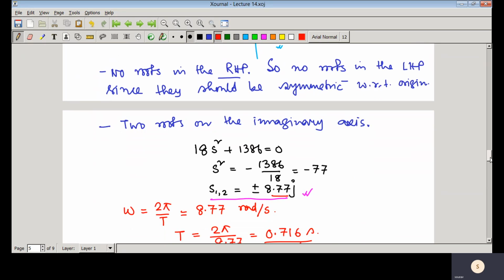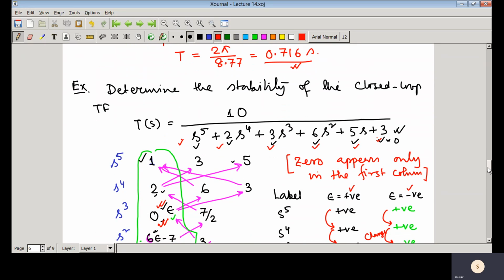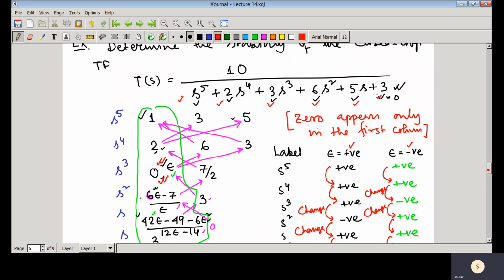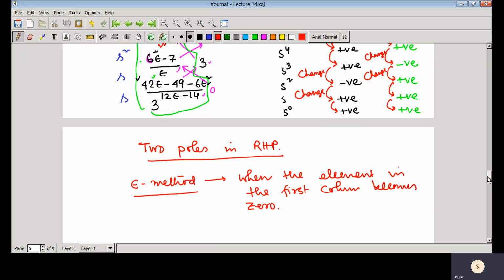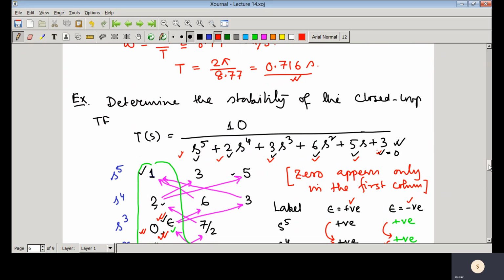The other case is where the first element of a row may become 0. In that case we need to follow the epsilon method, but we found that this epsilon method sometimes may fail, particularly whenever the polynomial has all imaginary roots, and in that case we can avoid that method just by changing the coefficients of the polynomial, just swapping them. That method I am not going to discuss here.